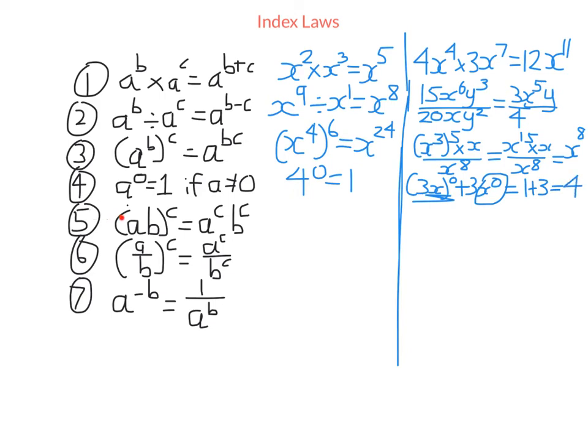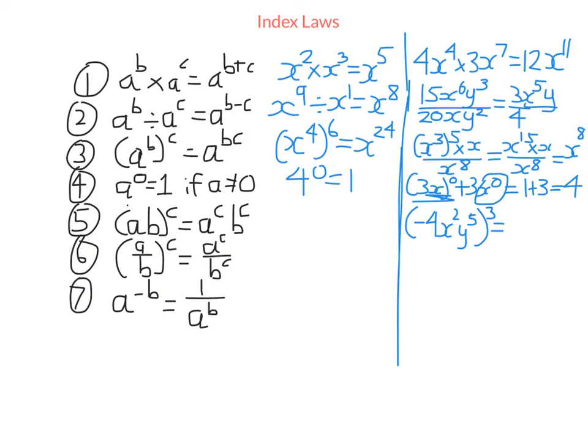So this fifth rule says if you have a product raised to a power, raise the first thing to that power, raise the second thing to that power. The power of the product is the product of the powers. So let's say I had something like minus 4x squared y to the power of 5, all to the power of 3. What I have to do is raise everything in these brackets to that power.